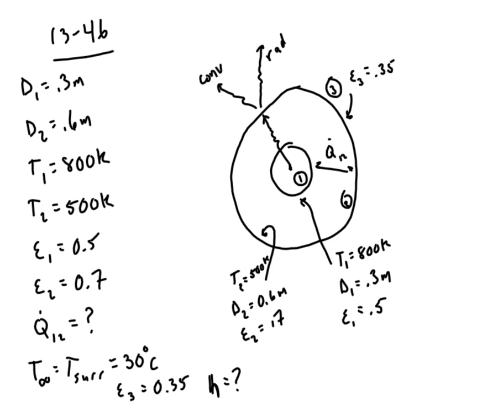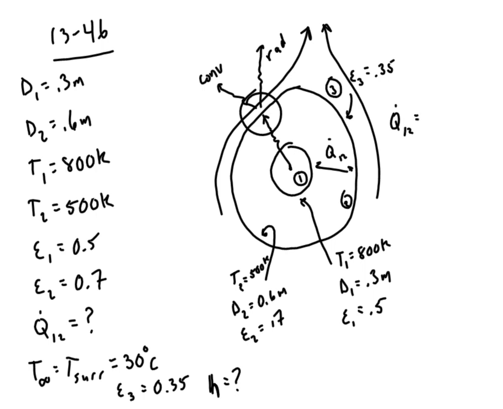Right, so we can have some natural convection currents. Okay. So if we do an energy balance at that surface, we'll notice that the Q dot from 1 to 2 is going to have to equal the Q dot leaving due to radiation plus the Q dot leaving due to convection. Okay, so we'll keep that in mind for part B of this problem. But the first thing we're going to do is find what Q dot 1 to 2 is.